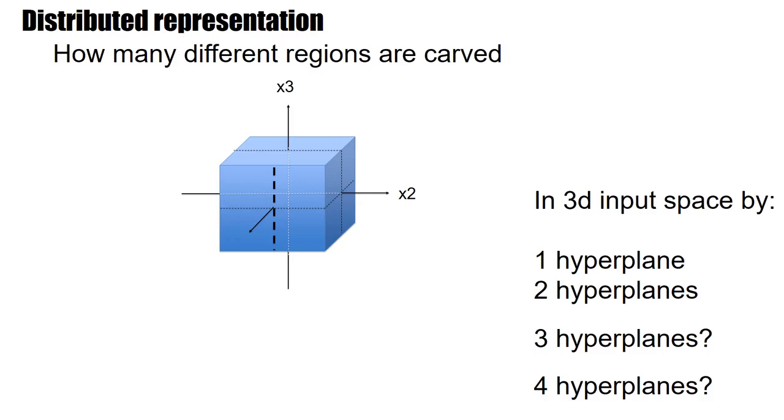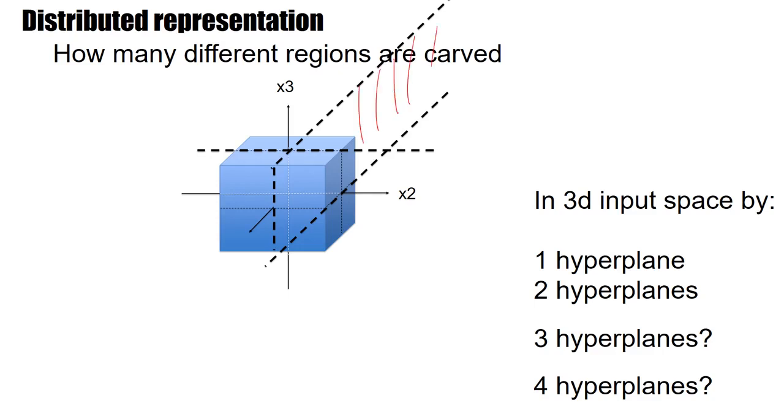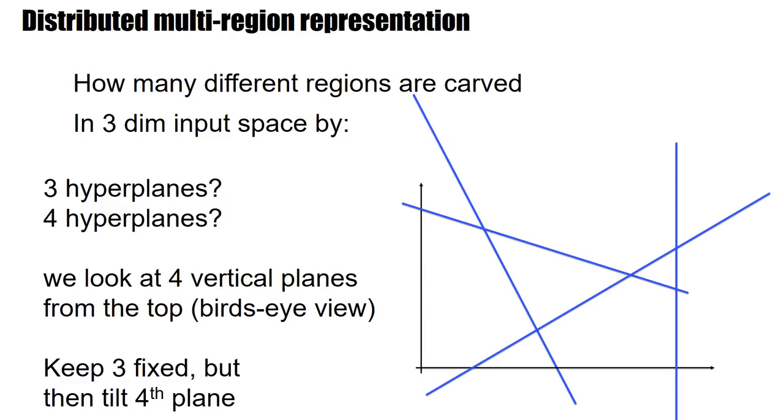Now let's continue this sort of induction step and go to 3 dimensions. In 3 dimensions, I have now my hyperplanes, and they are for the moment vertical. If I look at these hyperplanes from the top, with a bird's eye view, it would just look like my 2D picture before.